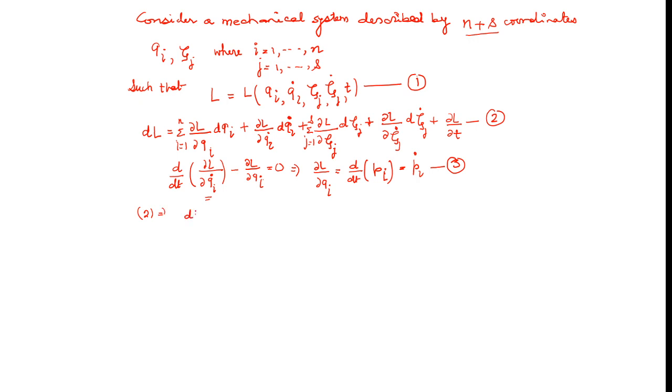So 2 implies dL is the summation of delta L delta qi, which may be replaced by pi dot, dqi, plus qi dot delta L delta qi dot, which is itself pi, dqi dot, plus this summation is for i, summation delta L delta zeta j d zeta j, we will keep it as such, j going from 1 to s and here i going from 1 to n, plus delta L delta zeta j dot d zeta j dot, plus delta L delta t, right?